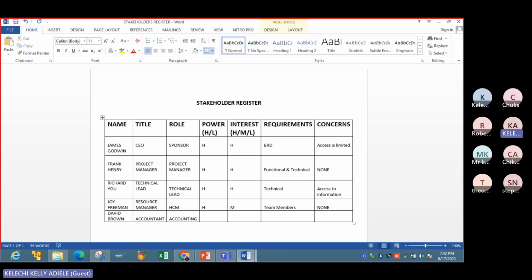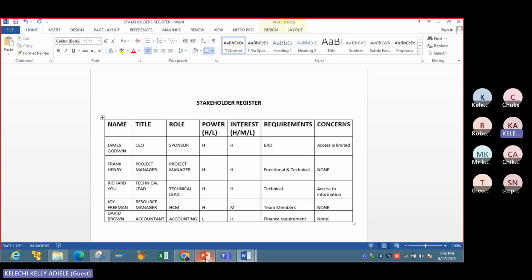The power is low, interest is high. Requirement, finance requirement. We've already done the mapping. Concerns: none. Okay.